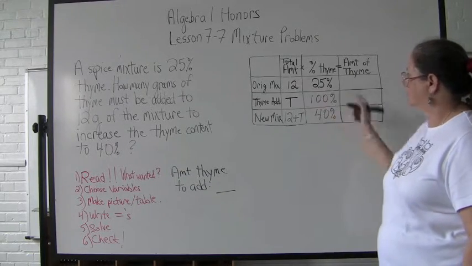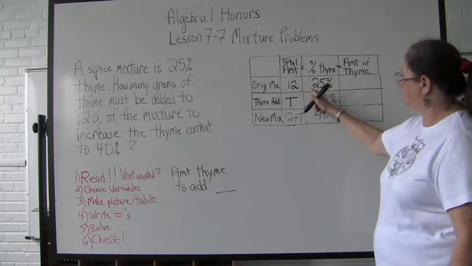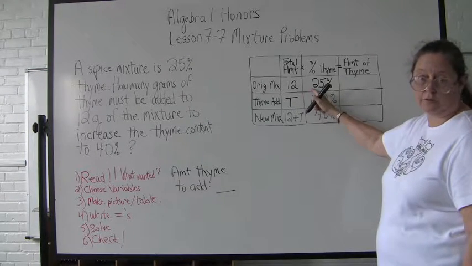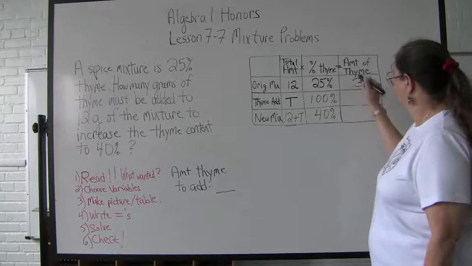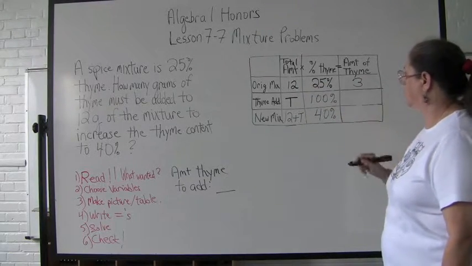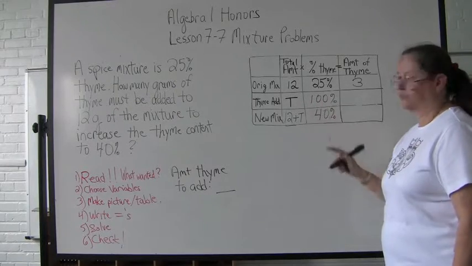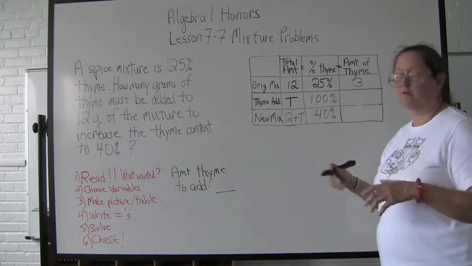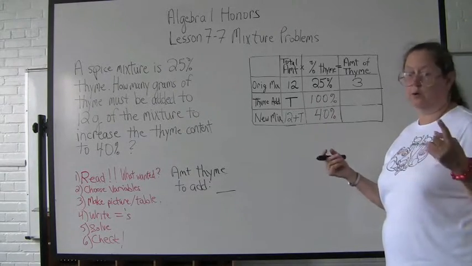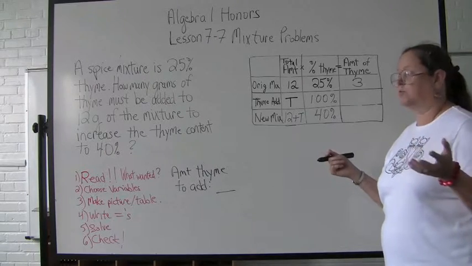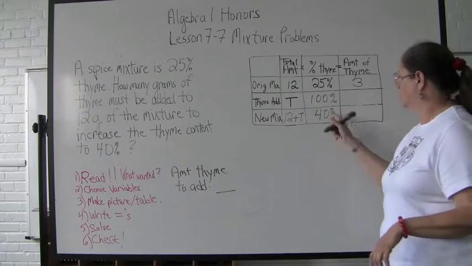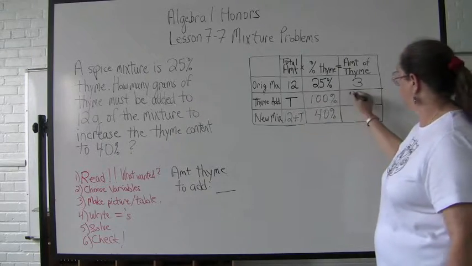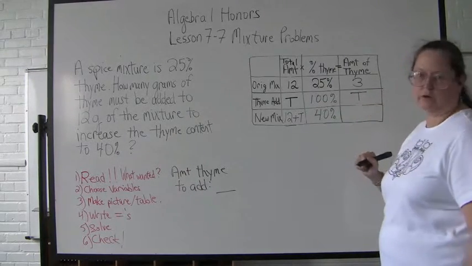Now we multiply straight across. 25% is 1/4, and 1/4 times 12 gives us 3. Then 100% is 1. If you have 100% of a Hershey bar, you have one whole Hershey bar. If you have 100% of an apple pie, you have one whole apple pie. So 1 times T gives us T here.